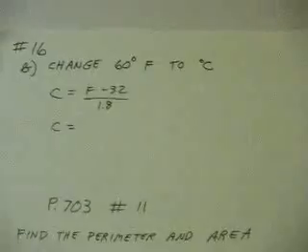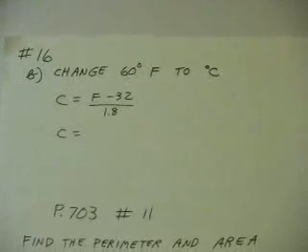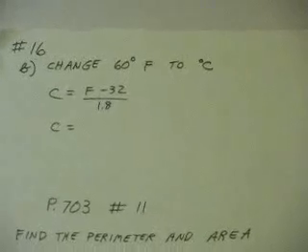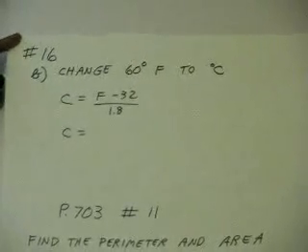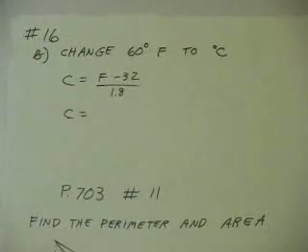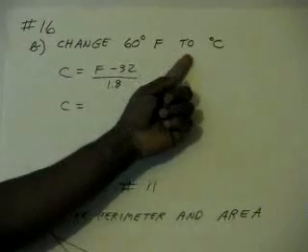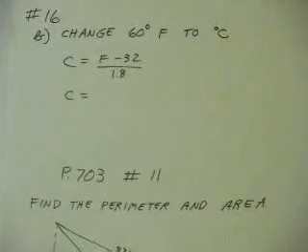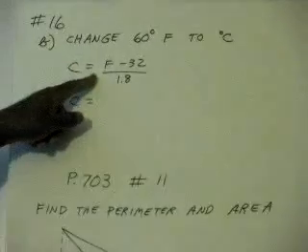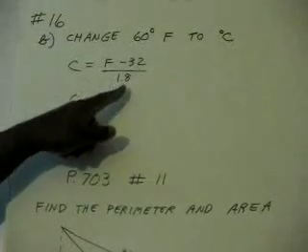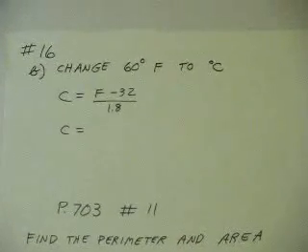The next problem we're going to look at is using a formula to change one temperature scale to another temperature, and this is problem number 16. Part B we'll look at. Change 60 degrees Fahrenheit to Celsius. The formula for change is C, Celsius temperature, is equal to F minus 32 divided by 1.8. So this formula is quite easy to use.